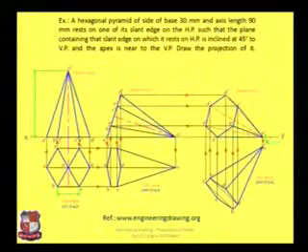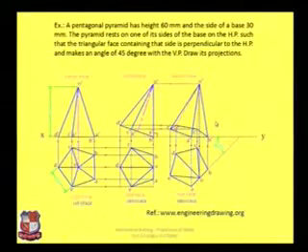And join the apex point with A dash, O dash, B dash, O dash, C dash, O dash with a full line, and D dash, O dash, E dash, O dash and F dash, O dash with a dotted line because it is not visible. So this is the problem of the hexagonal pyramid.